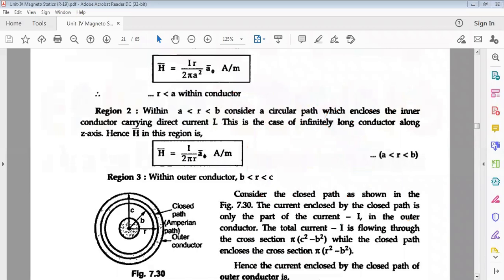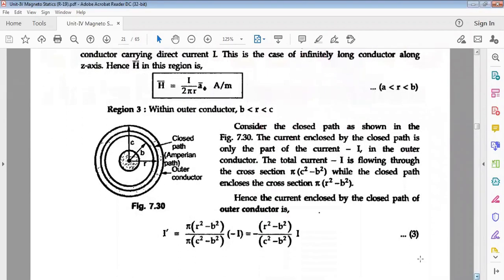So I dash is the ratio between these two: I dash is equal to pi r square minus b square by pi c square minus b square. The closed path is in between b and c.